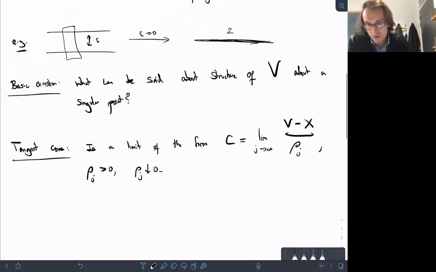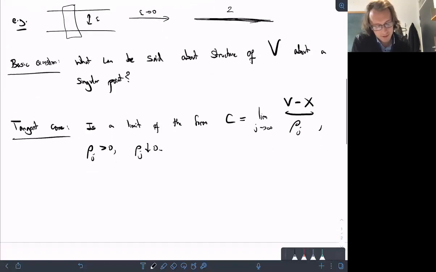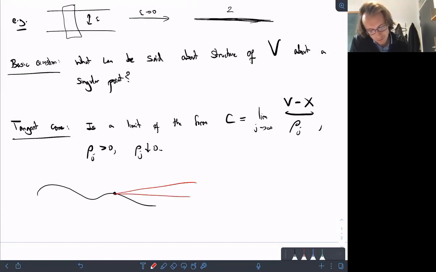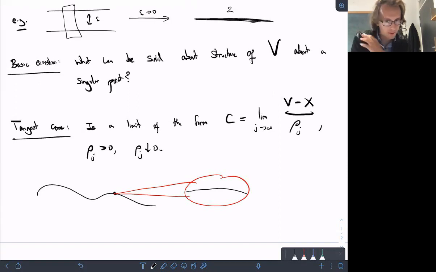Of course, I haven't defined explicitly what I mean by this translation and rescaling, but the idea is that if I take any smooth thing, any point, and zoom in at the point, what does it look like? It's going to look more and more flat, so I get a plane in the limit in this smooth setting.